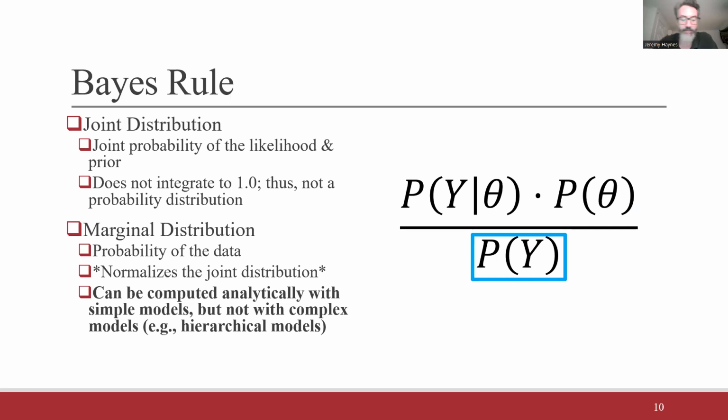Now, an important aspect of the marginal distribution is that it essentially serves as a constant or a scalar. And it's this observation that really will help us later on when we build our MCMC. And really when we're using Bayesian modeling, just broadly speaking.